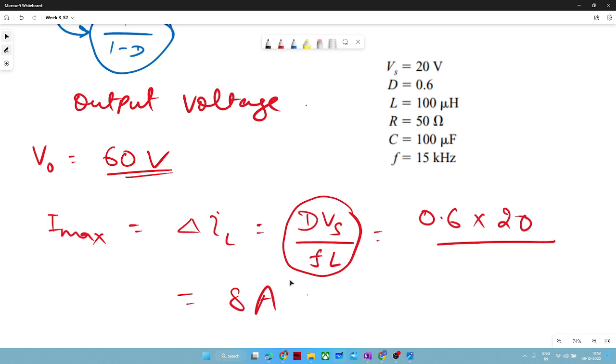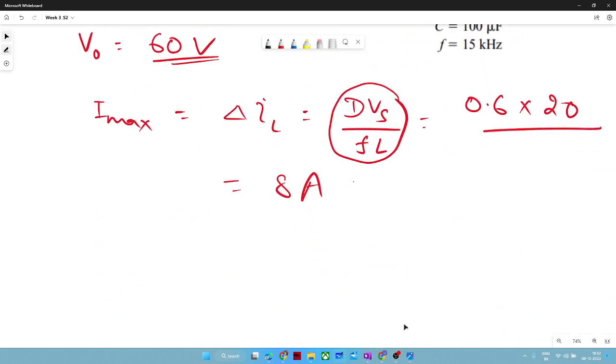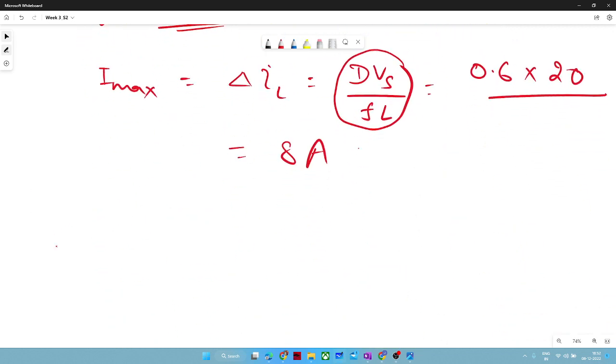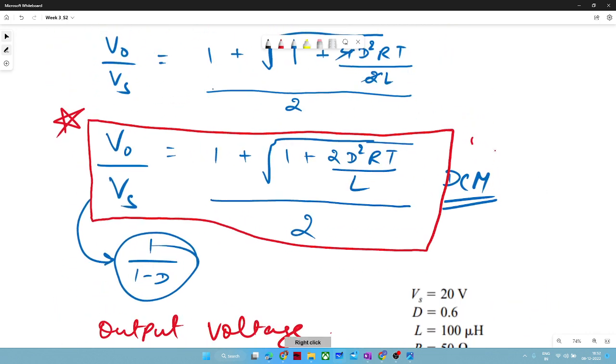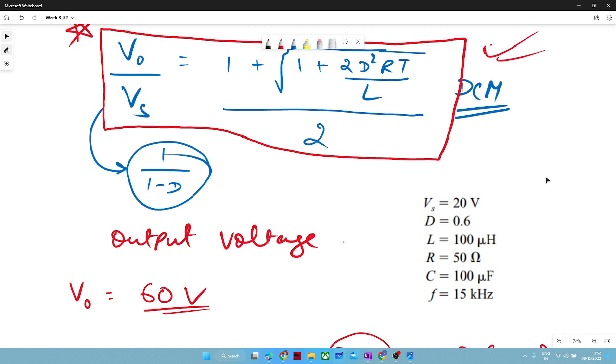So I think this is all about the discontinuous conduction mode of the boost converter. Just one more formula added. You just need to remember one formula for buck converter, one formula for boost converter, and maybe one more formula for buck-boost converter. In the next session we will derive it. Keep this formula in mind so that it will be very easy to verify whether the question is in DCM or CCM.